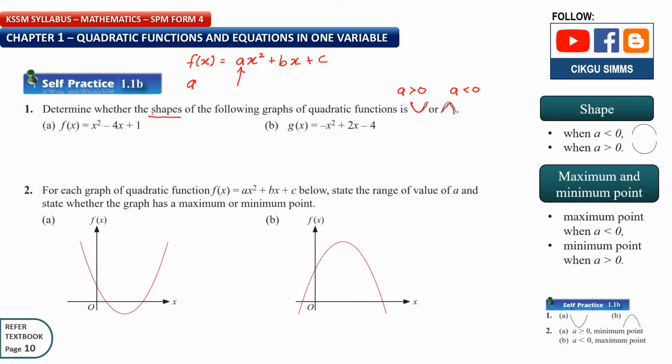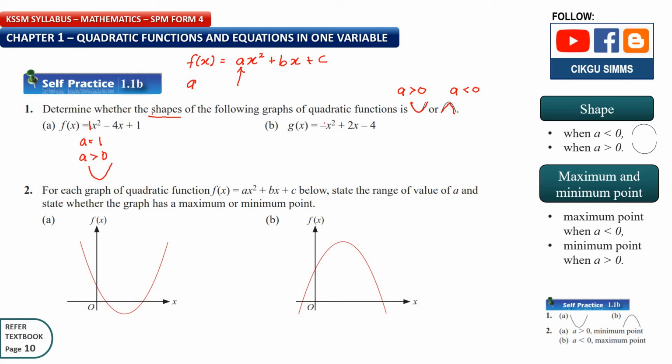For question 1a, f(x) equals x squared minus 4x plus 1. The value of a is 1, which is greater than 0, so it's positive. So the shape is like this. For question b, the function g(x) is negative x squared plus 2x minus 4.